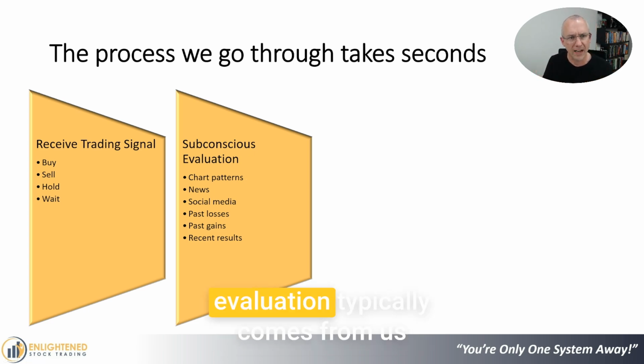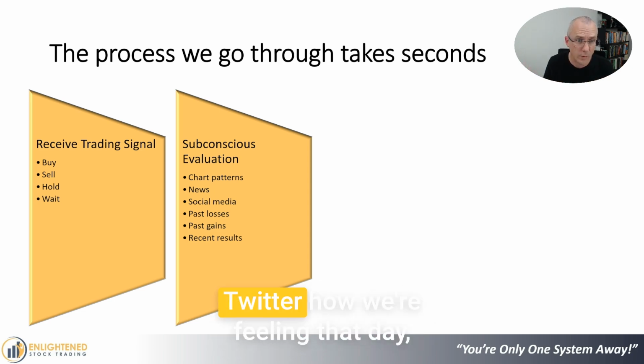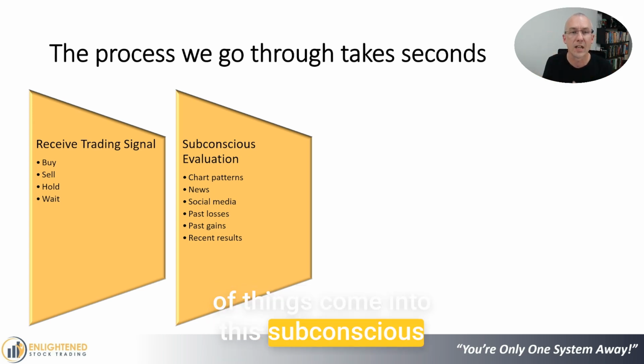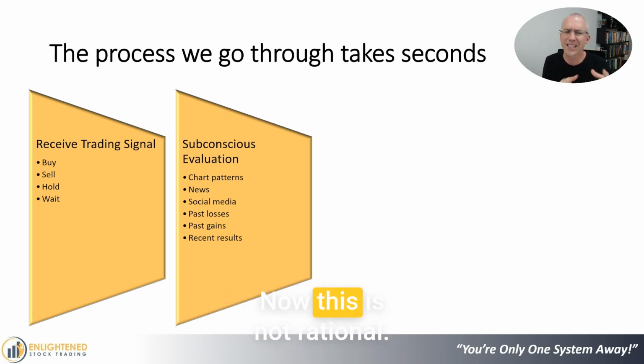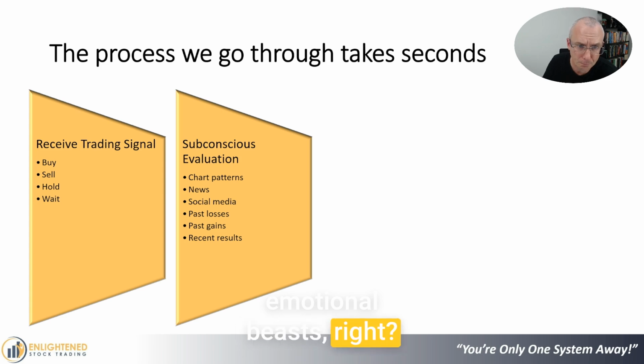That subconscious evaluation typically comes from us looking at chart patterns, news, social media, past losses, past gains, recent results, what we saw on Twitter, how we're feeling that day, whether we're at equity highs or whether we're in drawdown. All sorts of things come into this subconscious evaluation. Now, this is not rational. This just happens because we're emotional beasts, right?